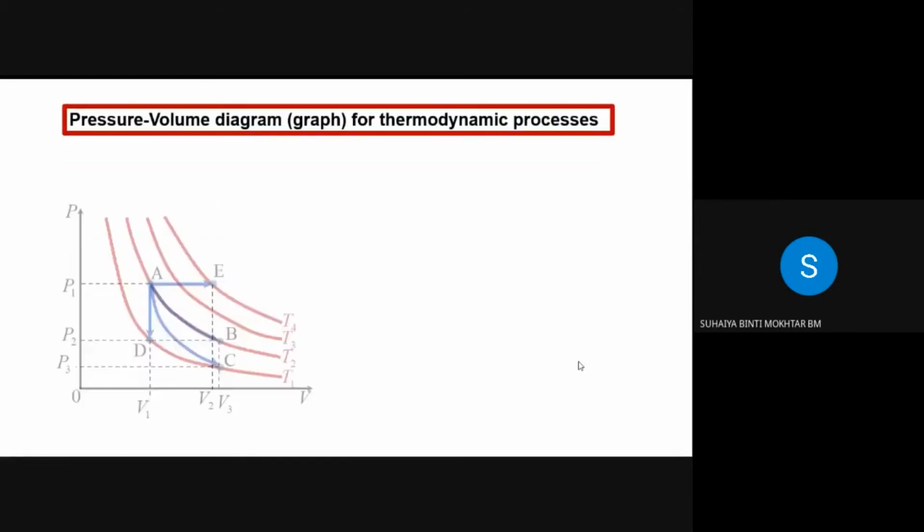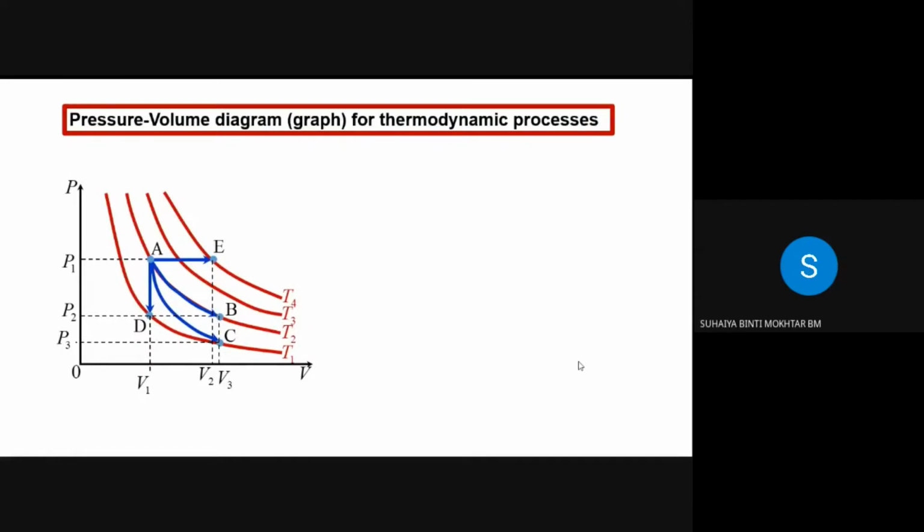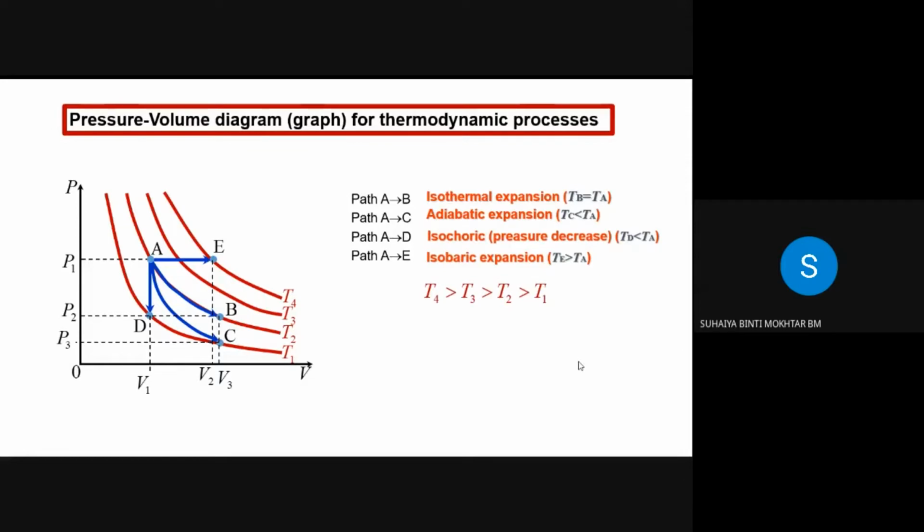And then the graph of thermodynamic processes. You should know the PV graph. Referring to the graph here, we have T1, T2, T3 and T4. T4 is greater than T3, T3 greater than T2, and T2 greater than T1.